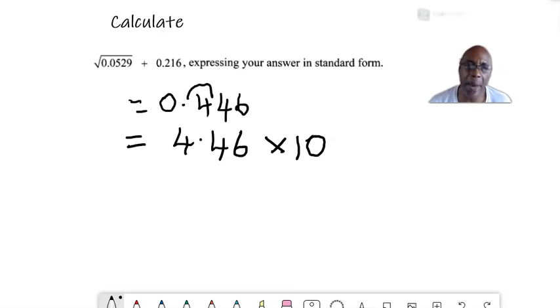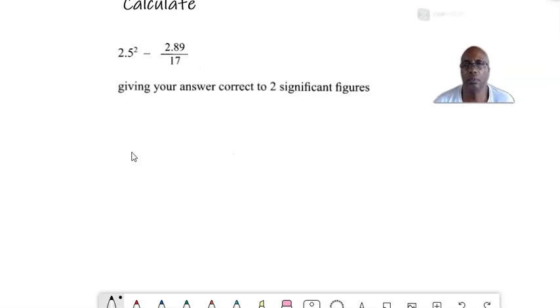Since I must shift the point back to get 0.446, it is 10 to the negative 1. And that is the answer in standard form. Okay, let's go to our next example.